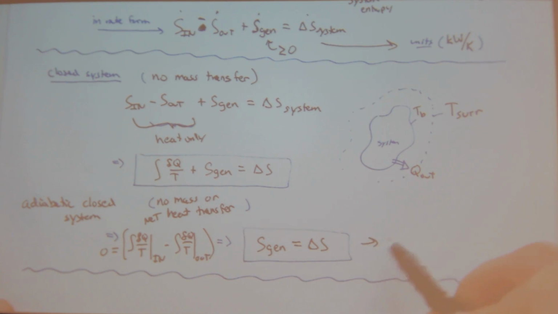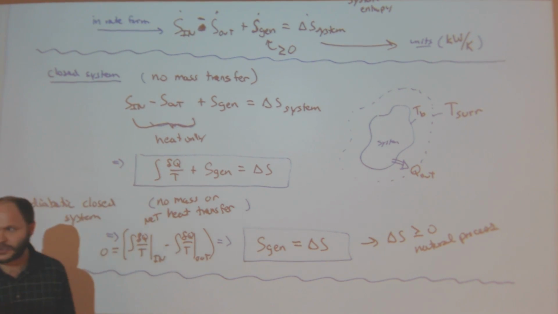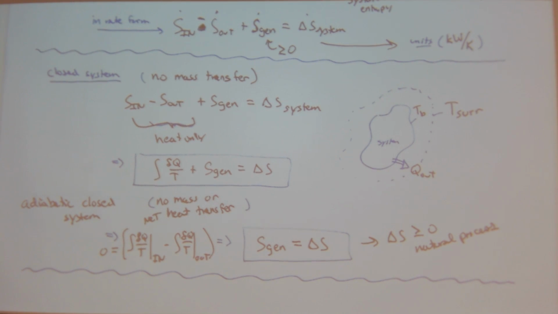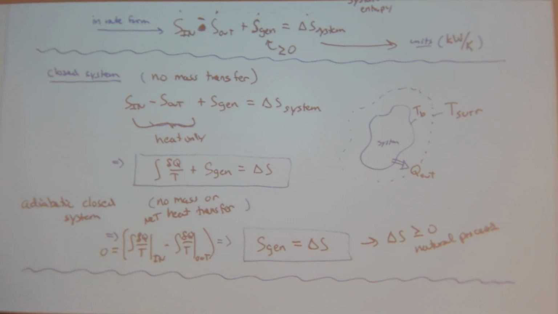S gen has to be greater than or equal to 0. So if I'm not adding any heat, I'm not adding any mass, and it goes from one state to the next, that has to be a natural process, right? And then this breaks down to what we already know from the second law.